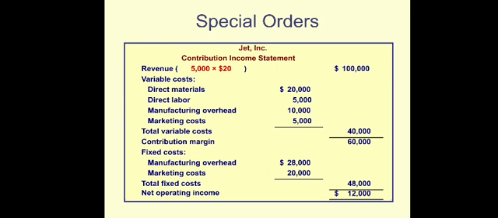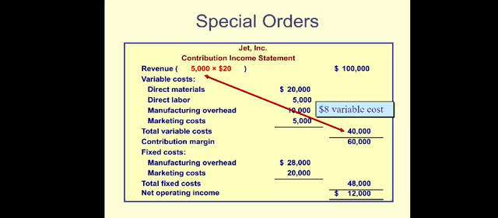So contribution margin is 60,000. Fixed costs are 28,000 and 20,000, so total fixed cost is 48,000. So net operating income is 12,000. This is the profit related to the current operation of Jet Incorporated before accepting the order.